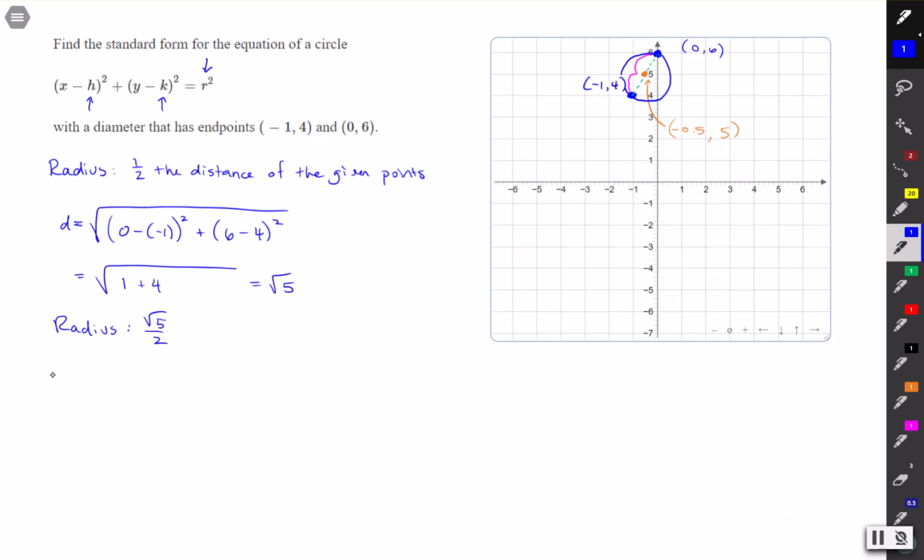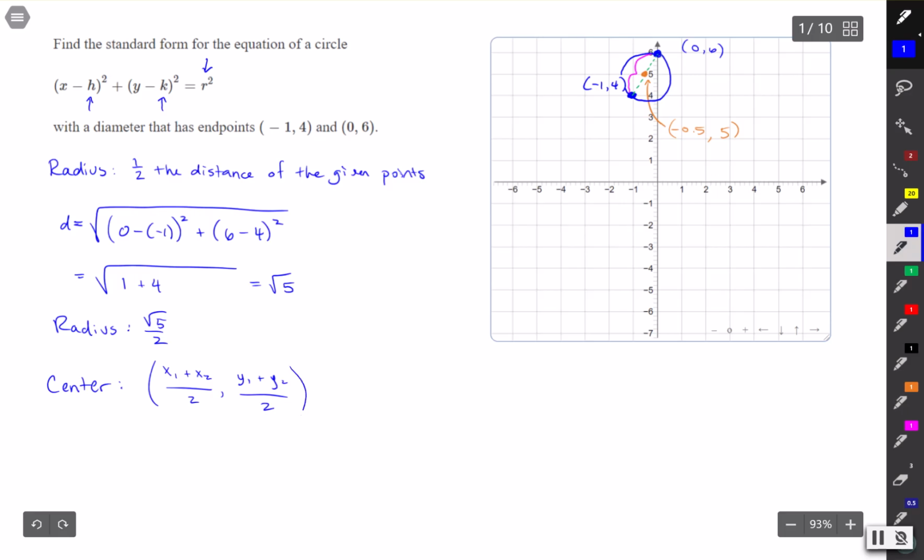Okay, now let's work on the center of the circle. The center is going to be the middle value between the two endpoints, so the midpoint. You can calculate a midpoint by taking (x1 + x2)/2, effectively averaging the x's, and averaging the y's.